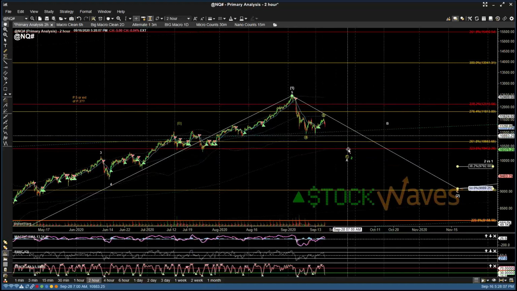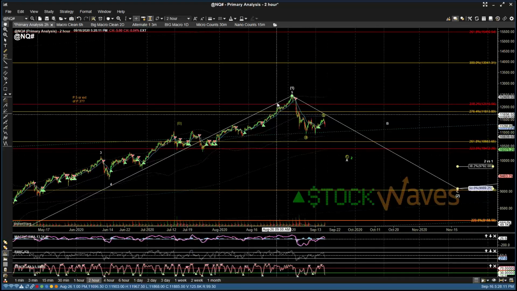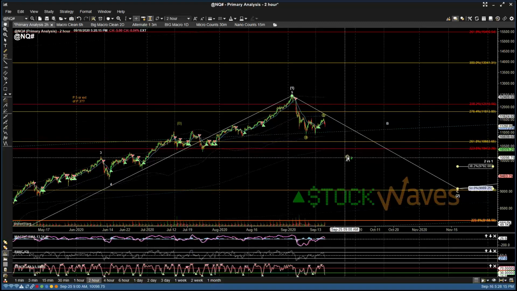It just so happens that I think NVIDIA, this is a 3 and this will be a 4, but the same ABC structure off of the high for just that A wave looked really, really good. So highlighted that.